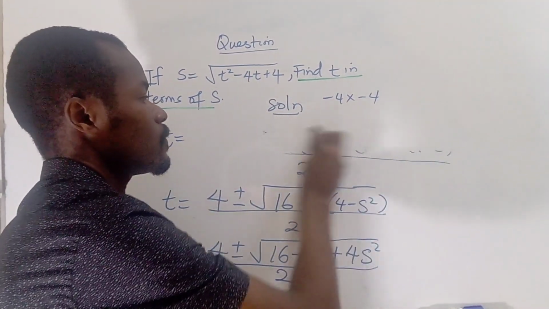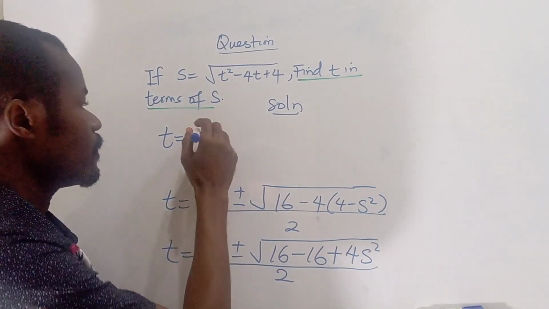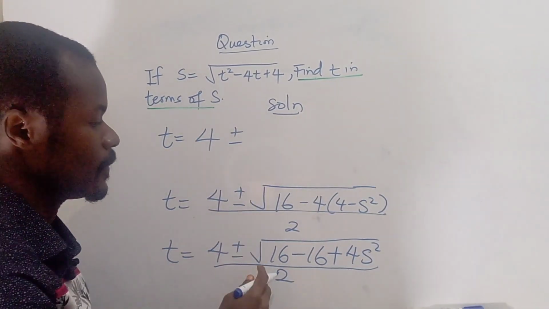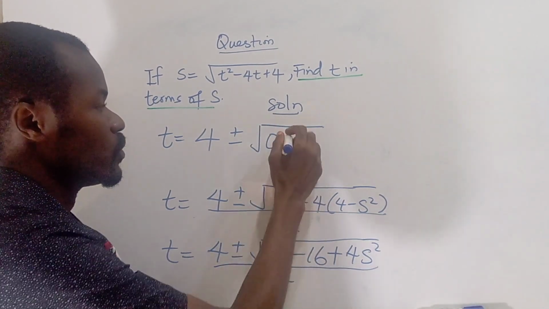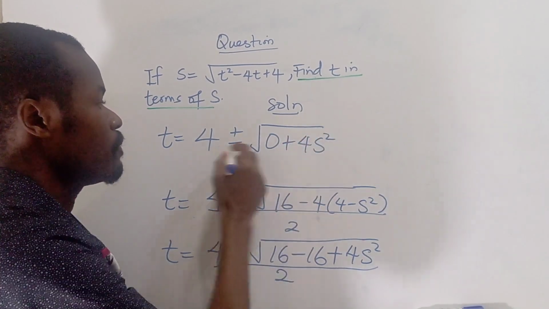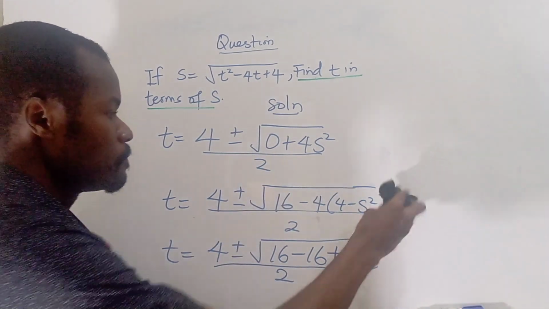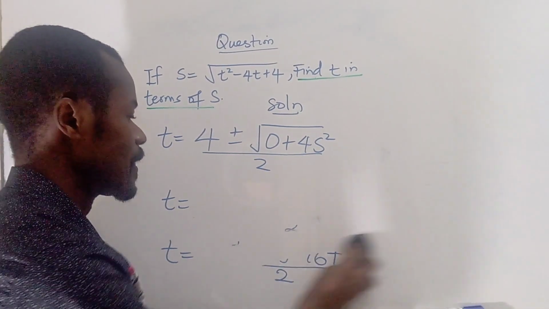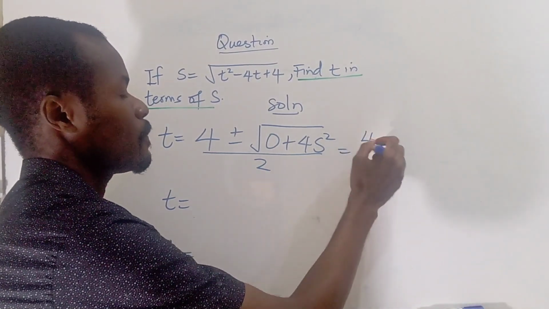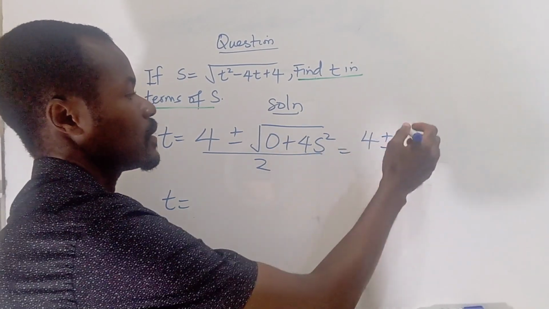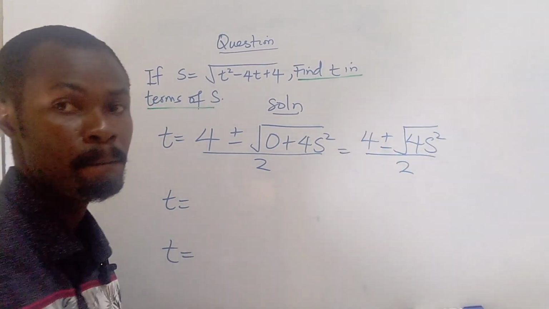Let's simplify further to see what this gives us. So I have 4 plus or minus, we have 16 minus 16 is 0, so we have 0 plus 4s squared, all divided by 2. I can write this as 4 plus or minus 0 plus, this is still 4s squared, divided by 2.